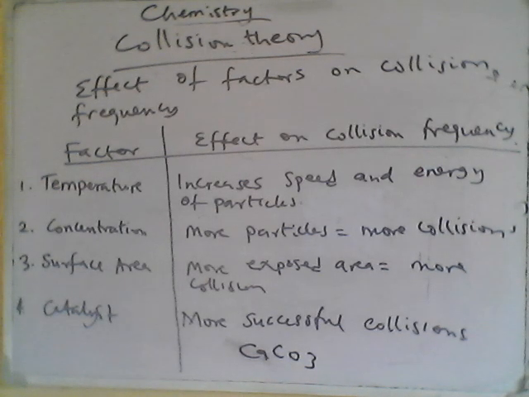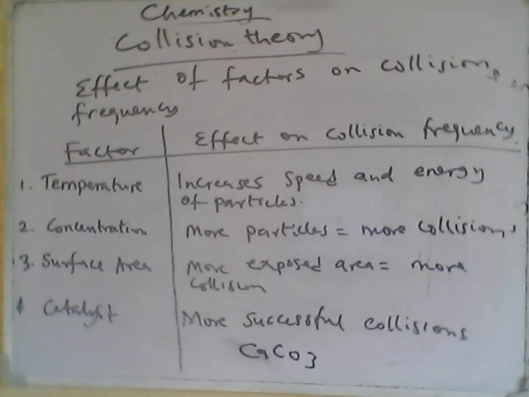Then you can also observe disappearance of a solid or appearance of a precipitate. A precipitate is just one of the products that comes out of the reaction in solid form, powdered form, or crystalline form. That's precipitate.